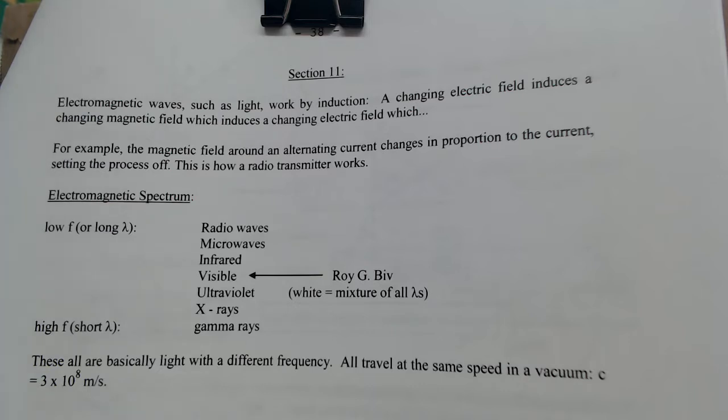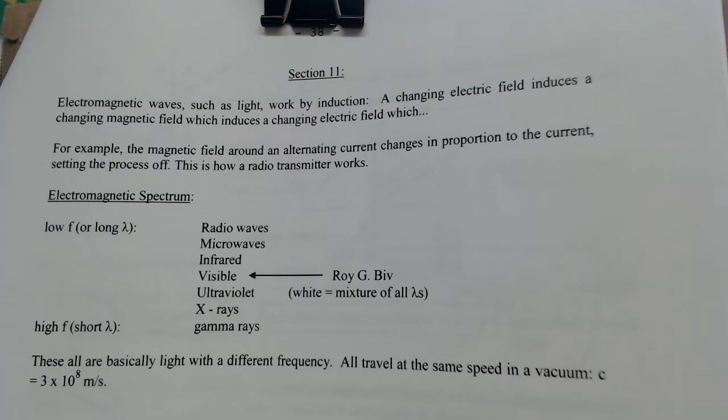If it was a steady DC current, like you get from a battery, you would just have a steady magnetic field around the wire, and that wouldn't induce anything. But if you have an alternating current in the wire, you get an alternating magnetic field around it.